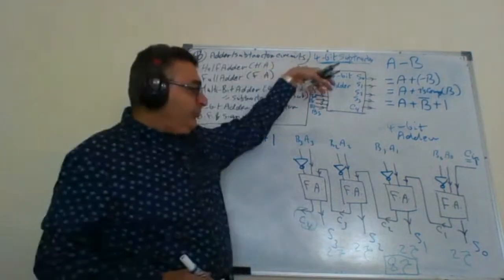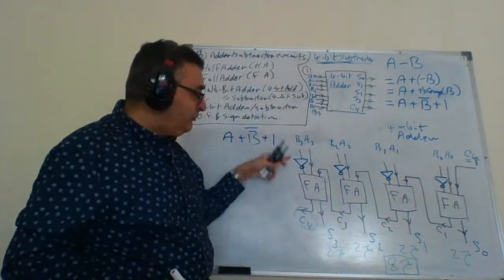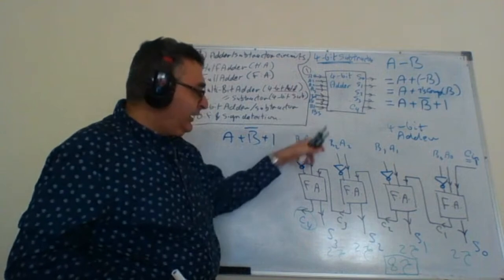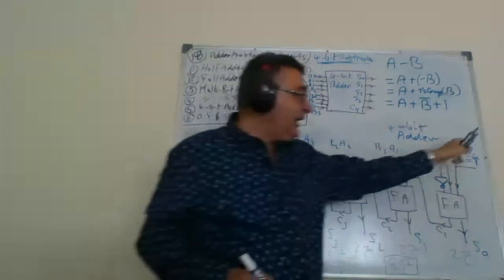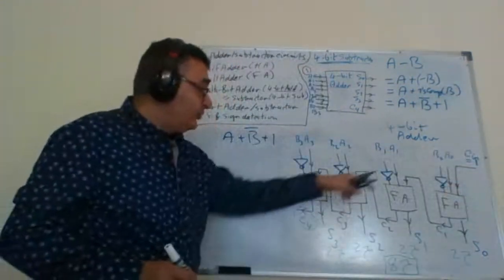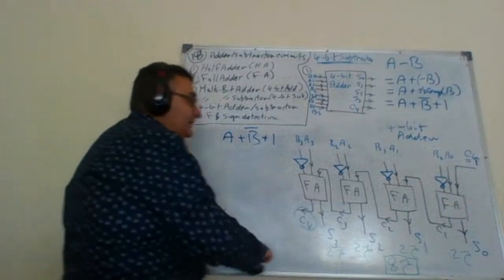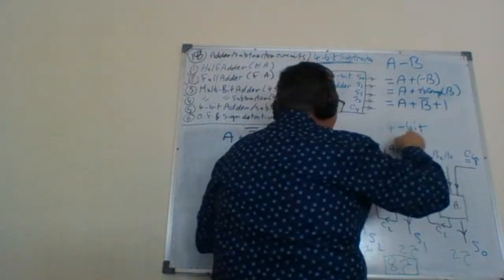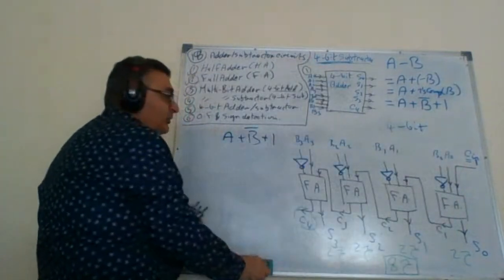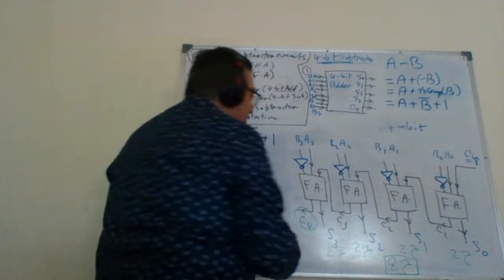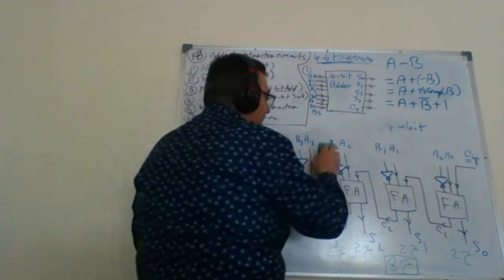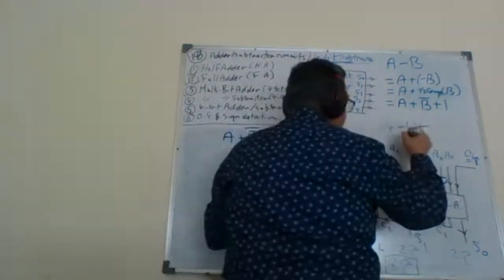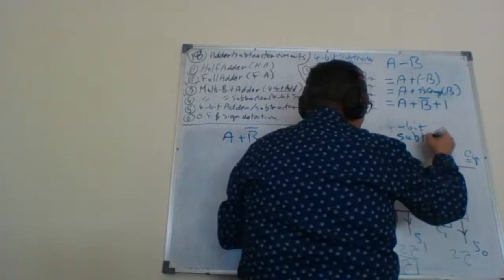Now the input B will be converted to B bar, A will remain the same, and the Cin equals 1. So the circuit that we see right now after those modifications is not anymore performing an addition between A and B. On the contrary, this circuit is actually performing subtraction.